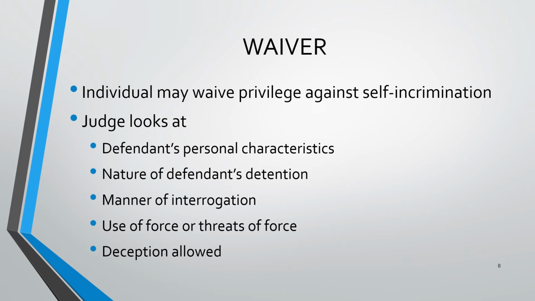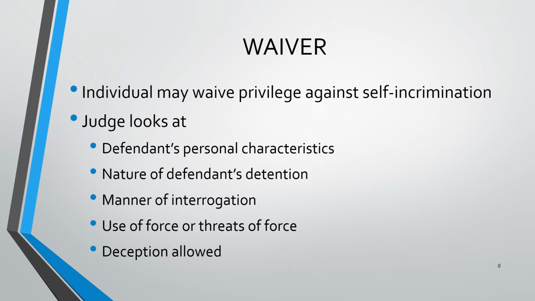These can include: 1. The defendant's personal characteristics, such as age, education, intelligence, life experience, physical and mental health. 2. The nature of the defendant's detention, which includes considerations of delays in the arraignment process, defendant's access to counsel, the physical conditions of the confinement itself. 3.